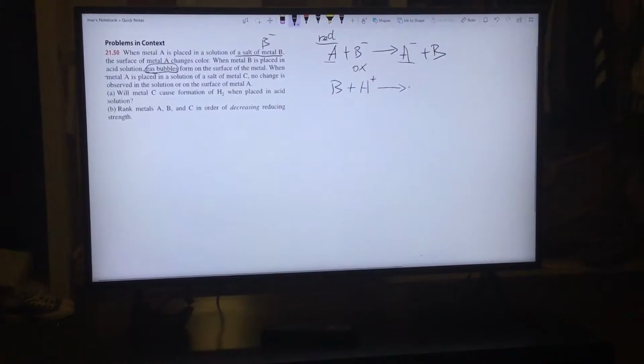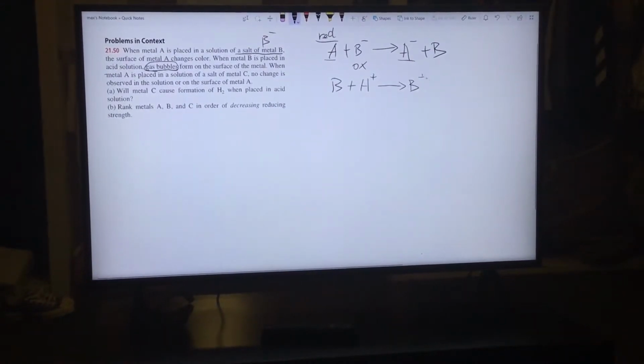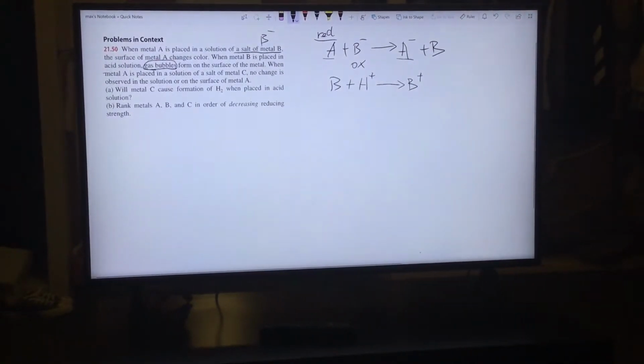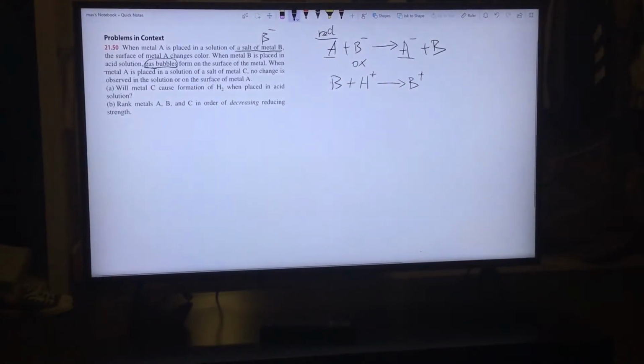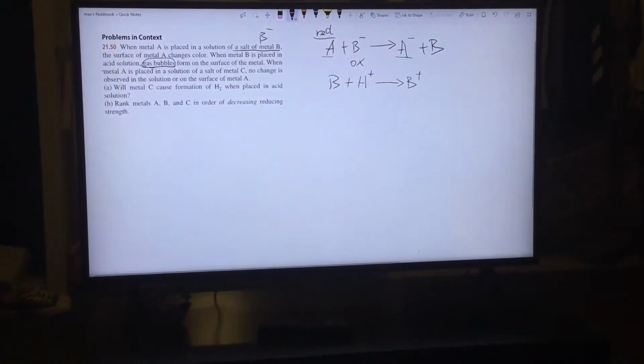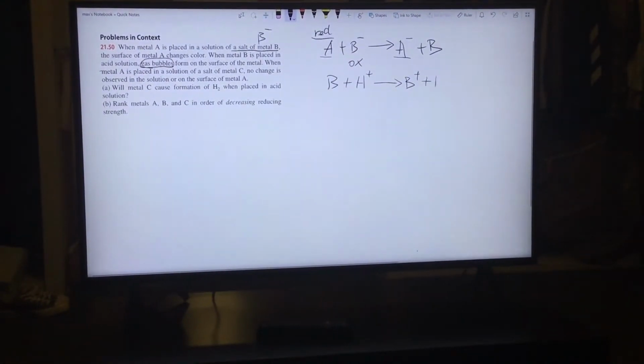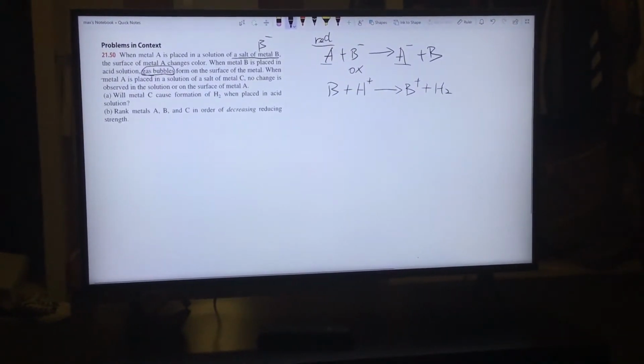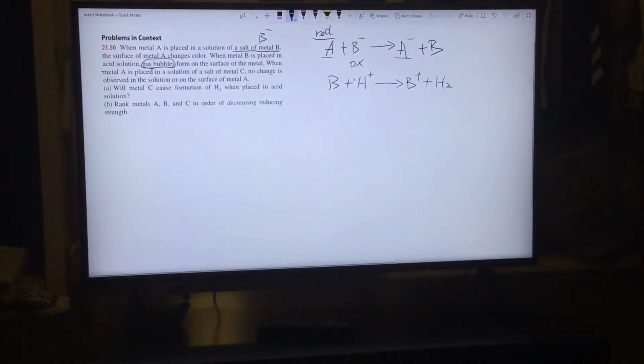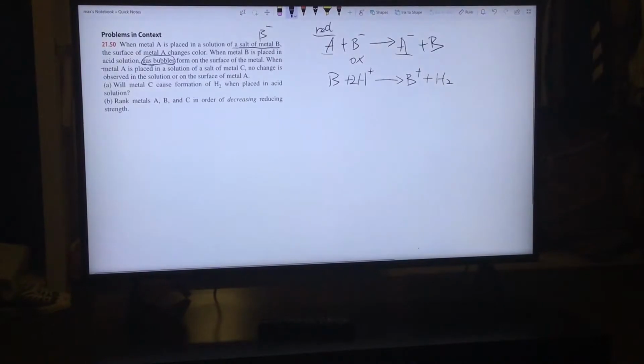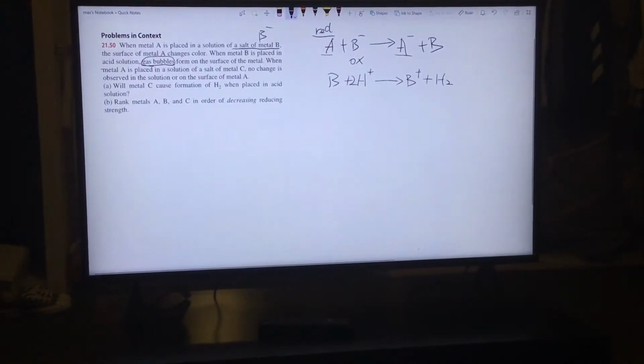So that means it loses an electron. It goes to B plus. And in turn, because B is going through oxidation, H is going to be reduced, turning into H2. So now we have to balance the equation, and 2H plus would make the equation balanced.